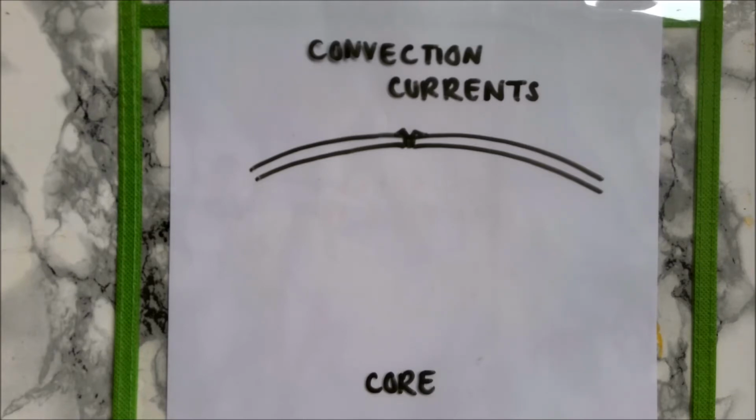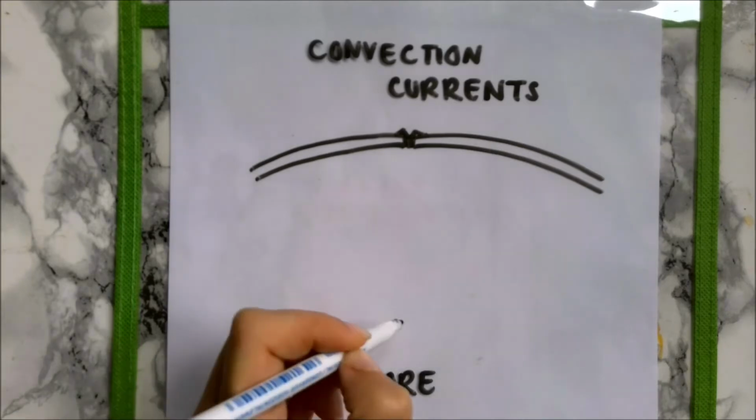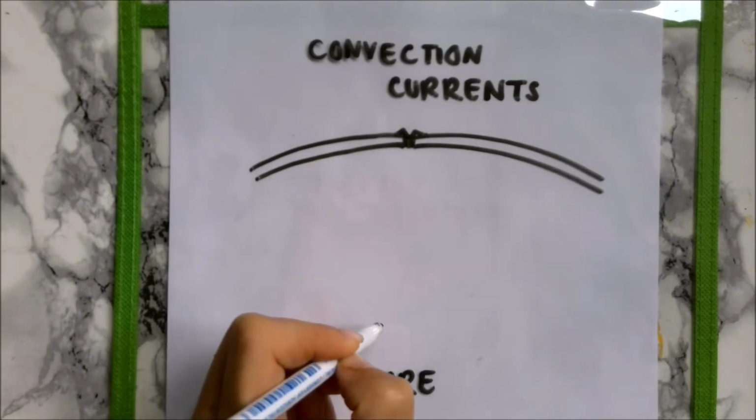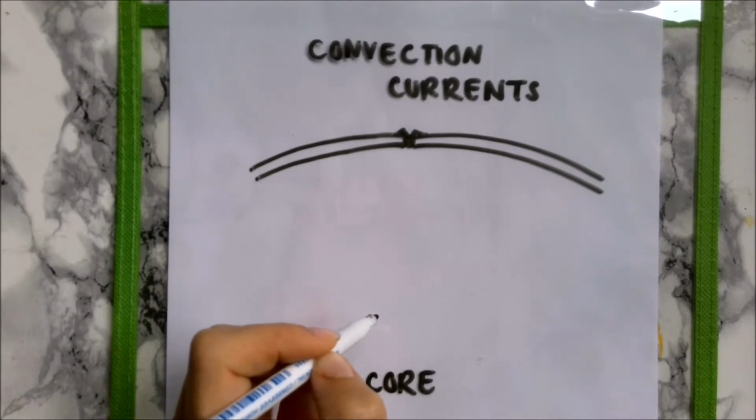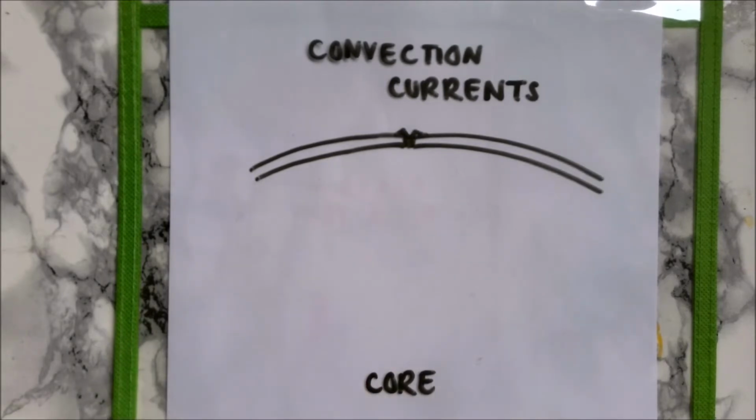Down at the bottom, this mantle here is going to be very hot because it's right next to the core. We know that when liquids or gases get hot, they become less dense. They essentially spread out a bit, don't they? They gain size.